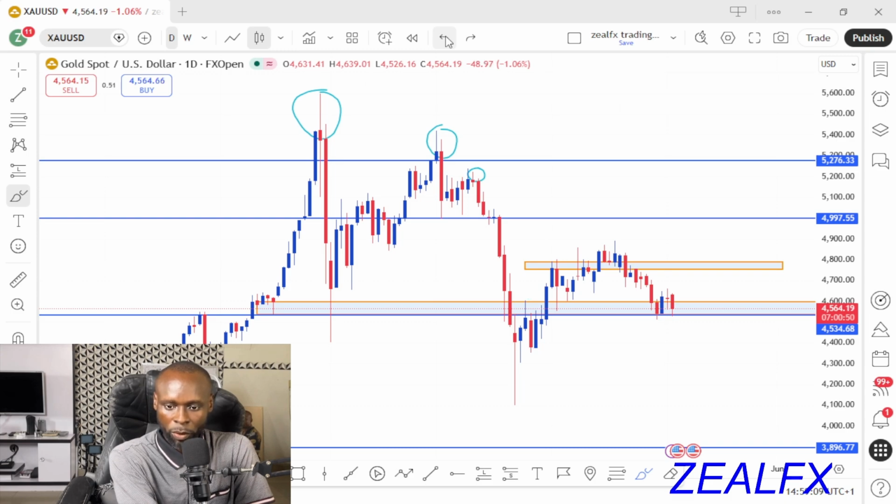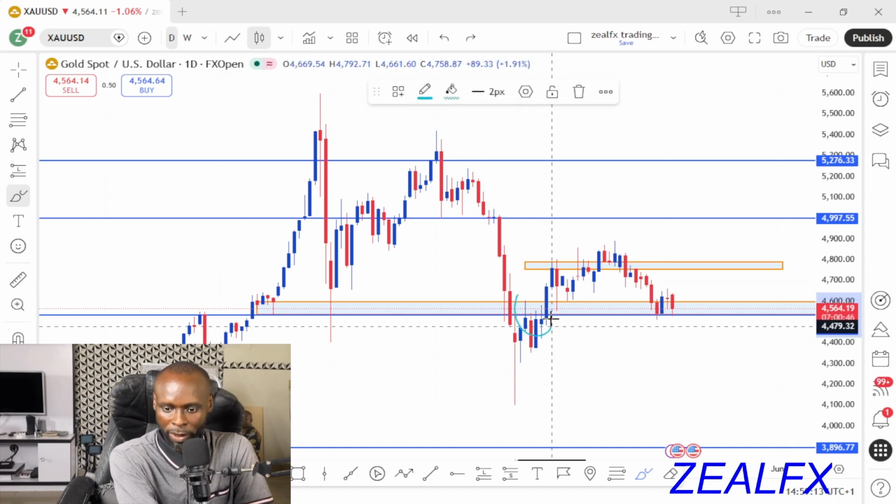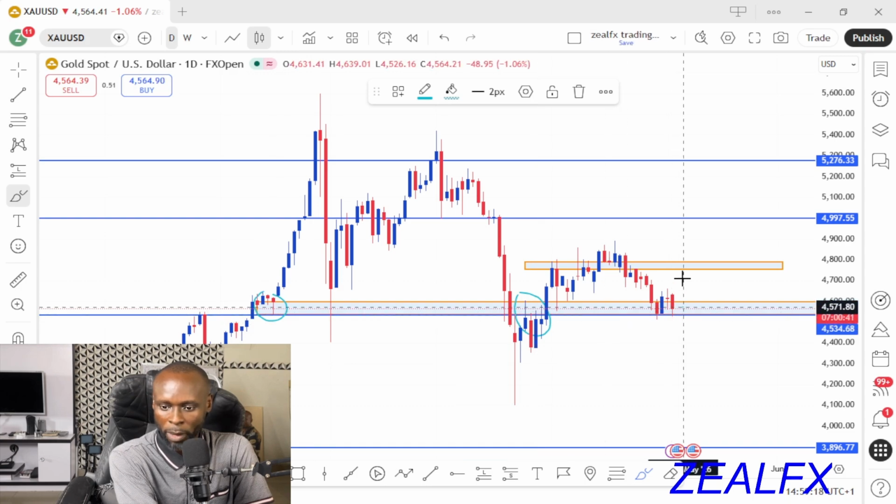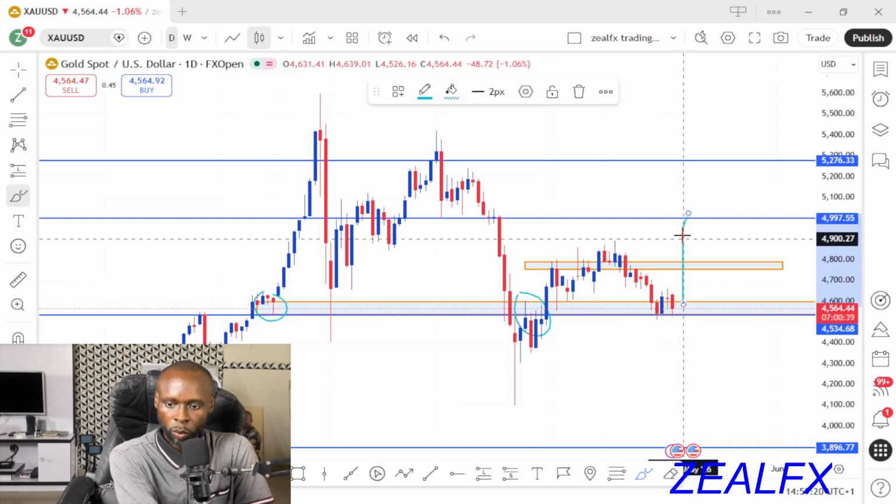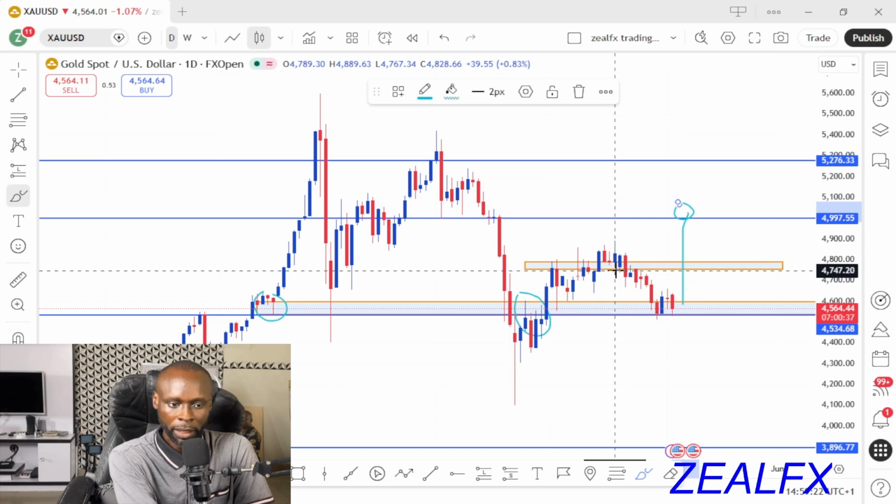After the break, we are expecting price to retest that particular level. Since after the break of this level, we expect price to retest these areas before we look out for a possible buying opportunity for gold to the next resistance level. And that is what gold is about to do now from this particular strong support level.